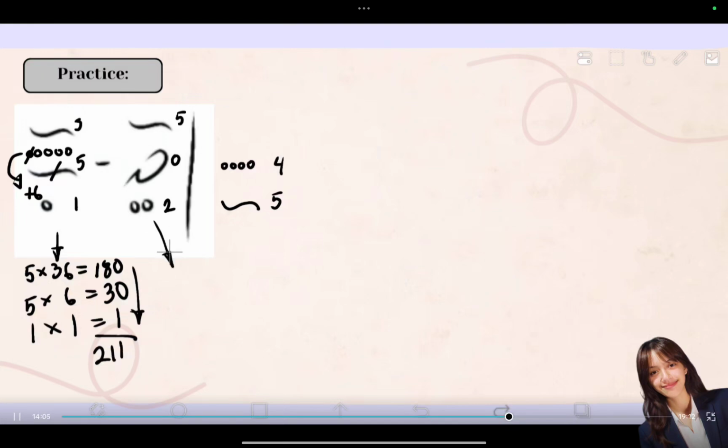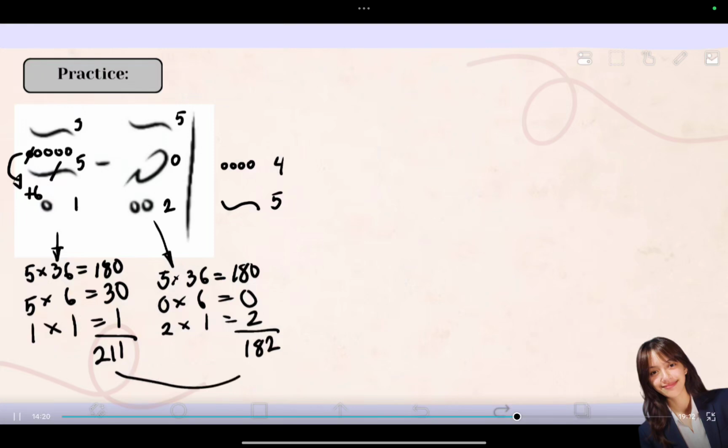We will do the same here. Adding this 3, we will get 182. And the results, yun ang ating pagmamainasin. And we will have 29.